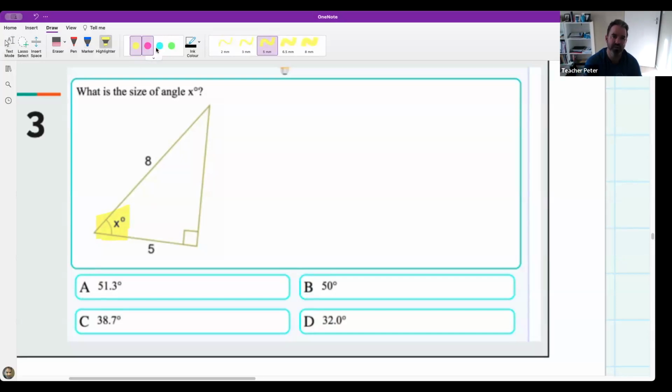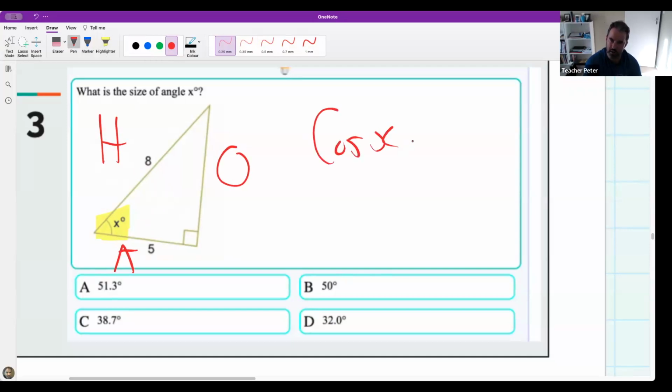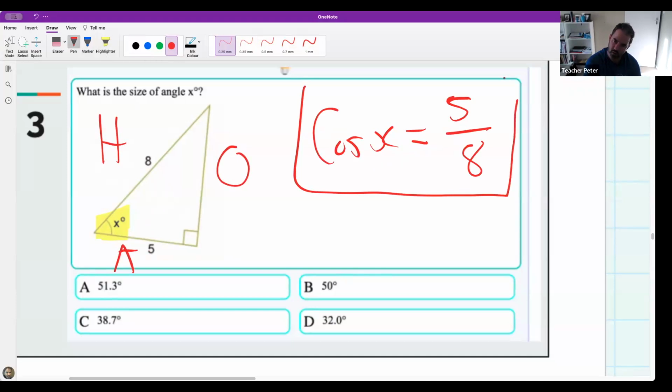So you always have to think, what are the correct ratios to involve? And that goes from where these things are. So if you look at it, we've got an H and we've got an A. So we know that the cos ratio is the one involved. The cos of X equals A over H, so it's 5 over 8.